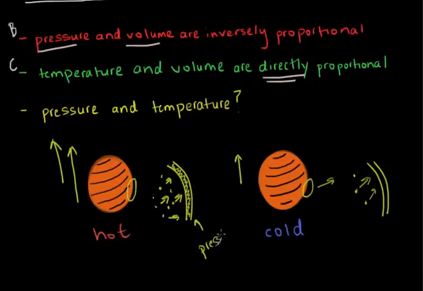That's really what pressure is, and we'll take a look at that in more detail when we look at the kinetic molecular theory. And so we can definitively state that the hot basketball has a greater pressure than the cold basketball. So when we've increased the temperature, in this case, hot is an increase in temperature, we have also increased the pressure. And in this case, we've decreased temperature and we've decreased pressure.